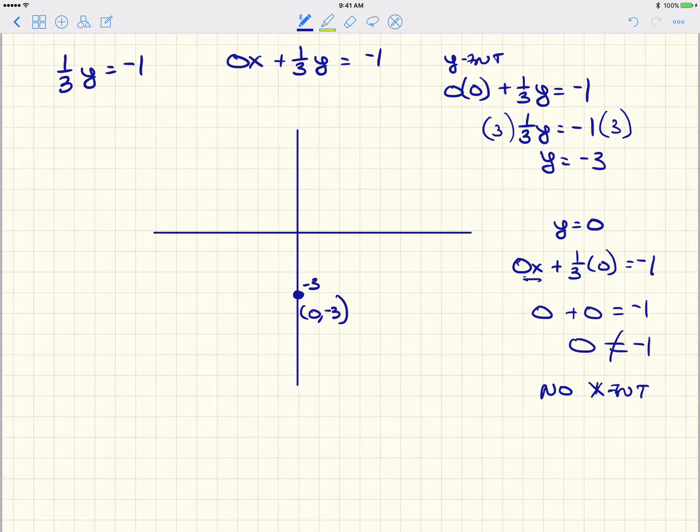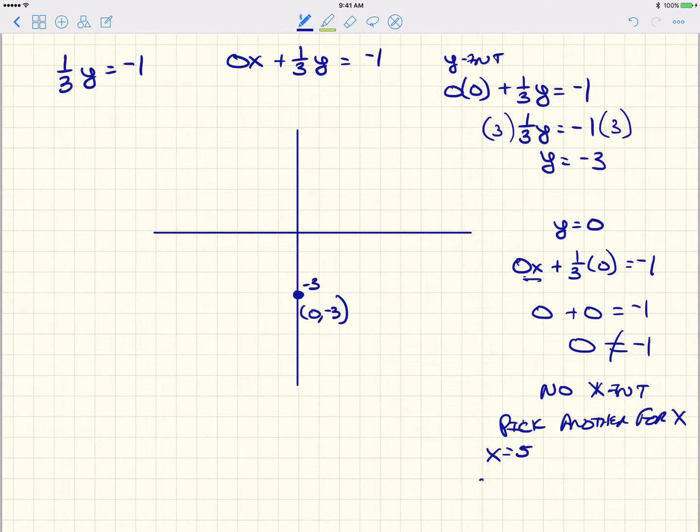So let's just pick another value for x, any value for x, and see what happens to our graph. Let's say that x equals 5. What happens when x equals 5?